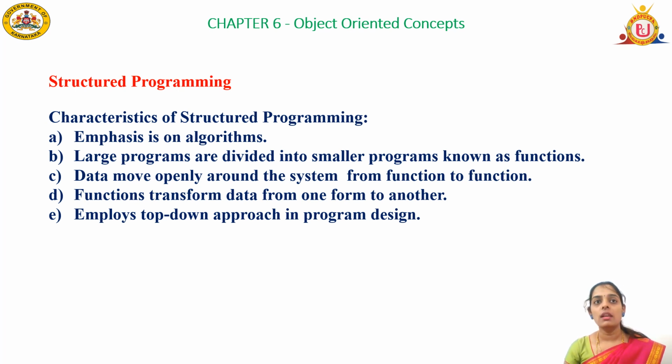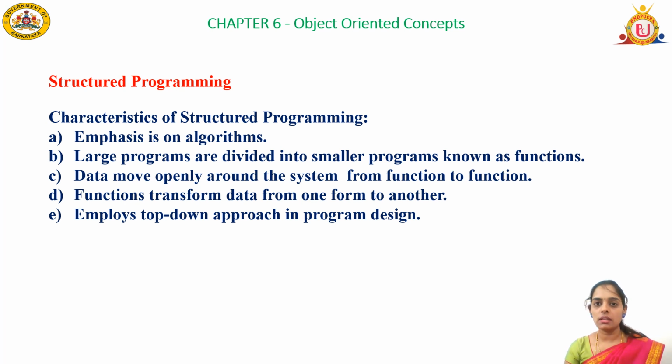Next one is large programs are divided into smaller programs known as functions. So first we need to understand what a function is. A function is a set of instructions that we write in order to obtain the desired output, or they are also called modules, or subprograms. Whenever we are developing any application, we divide that application into small programs.